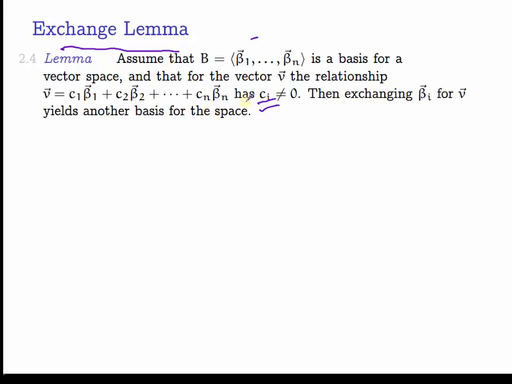So we're picking out one particular i and making sure that that coefficient is non-zero. Then, if I exchange Bi with V, then I get a different basis for the space. In other words, instead of Bi in my basis, I throw out Bi, and I include V instead. It's a different set of vectors, but this gives me also a basis for the space.